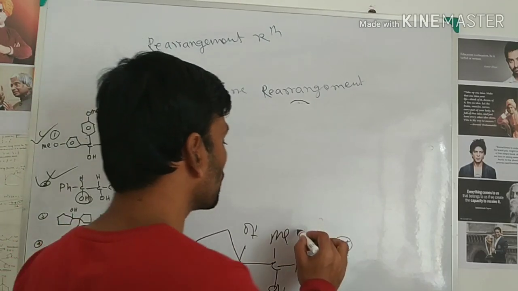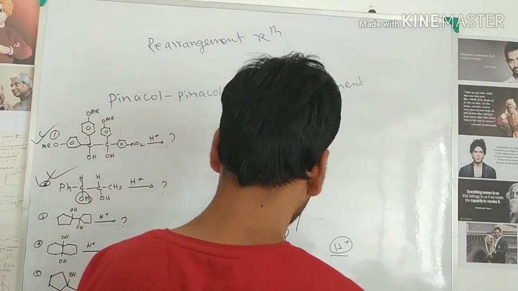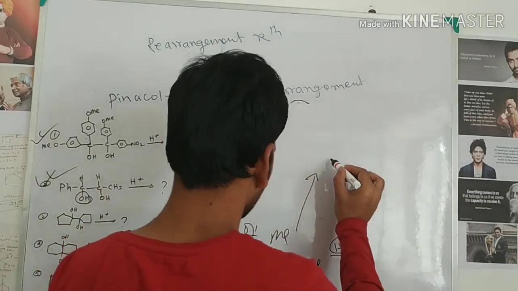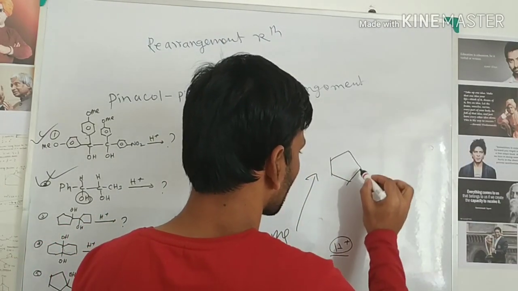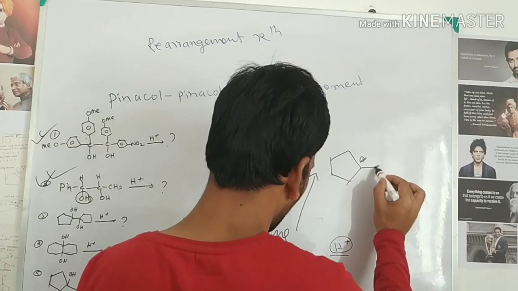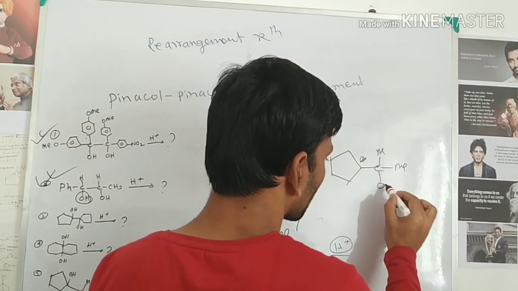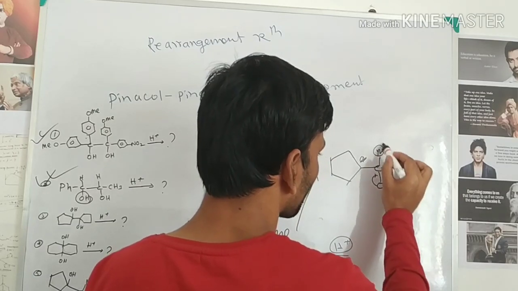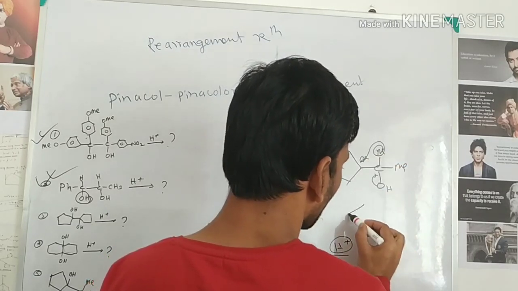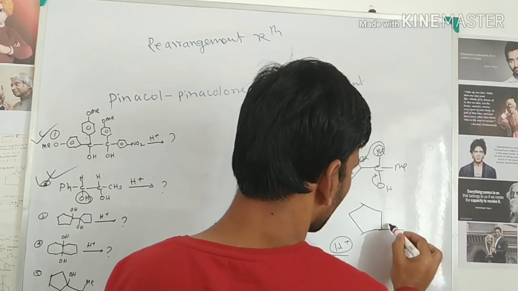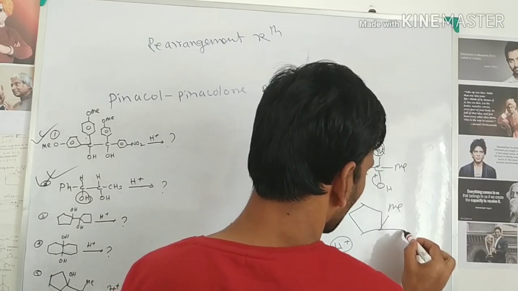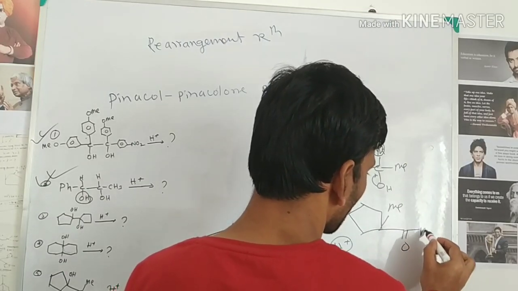So basically two products are formed. The first is the carbocation from here, and finally OH and methyl shift here, and this is the product.